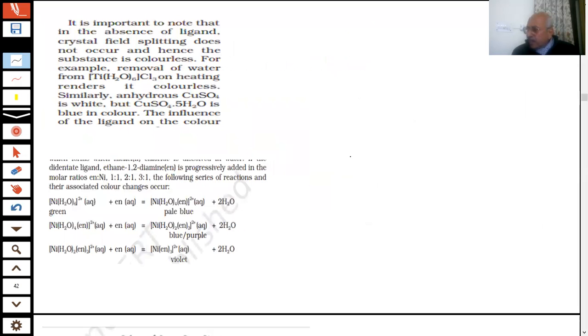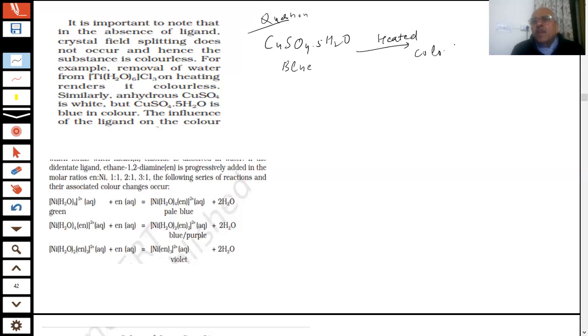Further, an interesting thing comes, students. You have seen, for example, copper sulfate pentahydrate, CuSO4·5H2O. You know the color of this: blue. This is also called blue vitriol. What happens, students? When this is heated, it becomes colorless.